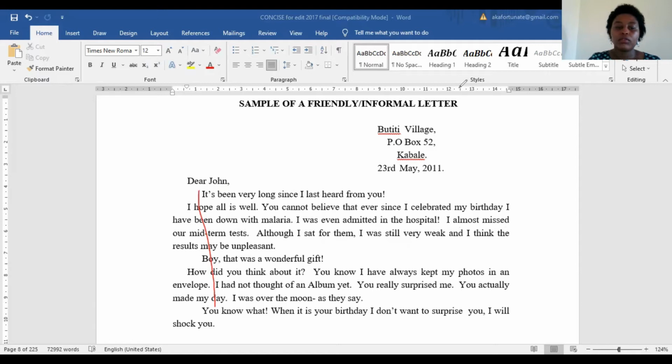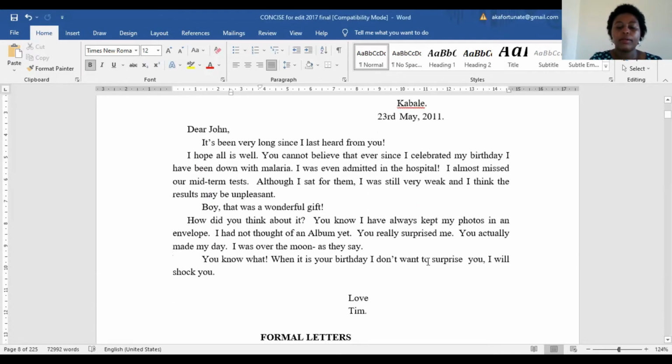Now, from the body, of course, when I look at the structure, we shall get to the conclusion or the closing remarks. And here, because it is a friendly letter, the complimentary close is just love, Tim.